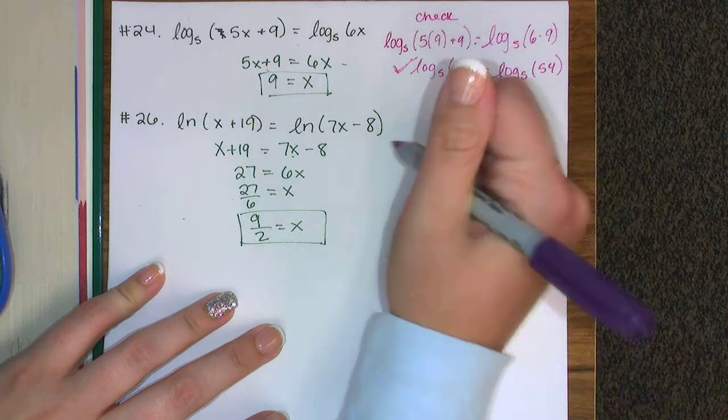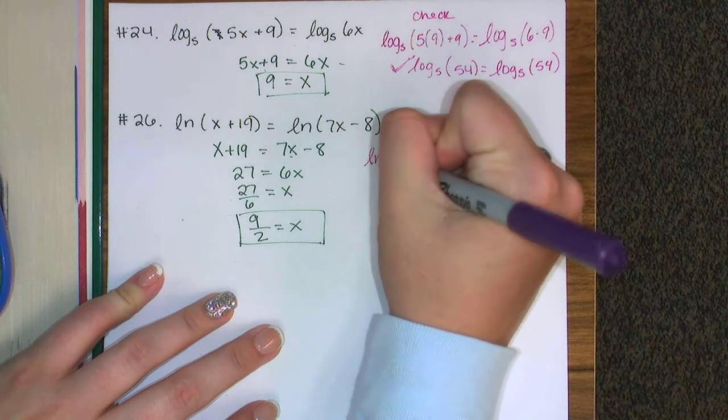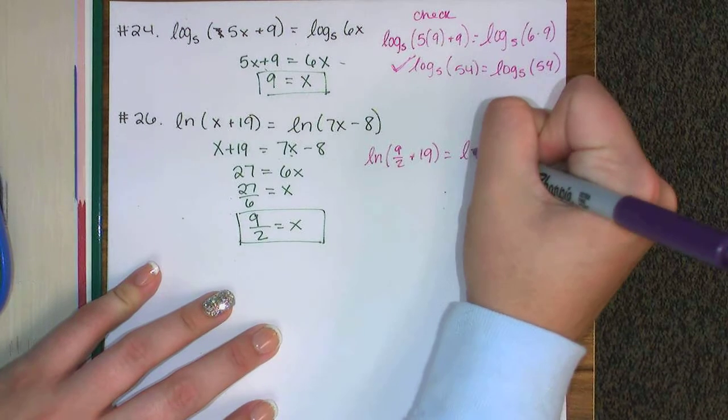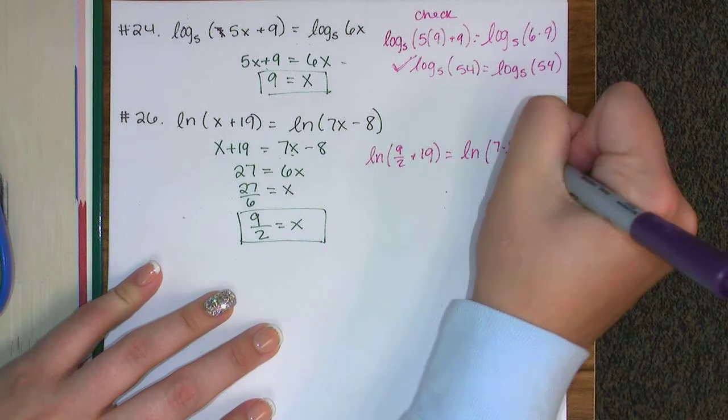But let's go ahead and check this one as well. ln of 9/2 plus 19 is equal to the ln of 7 times 9/2 minus 8.